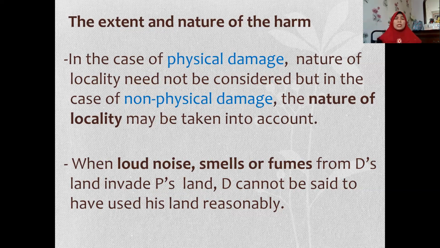So if loud noise, smell, or fumes from the defendant's land invade the plaintiff's land, then the defendant cannot be said to have used his land reasonably, because you are not supposed to create loud noise, smell or fumes that affect the enjoyment and usage of your neighbor's land.